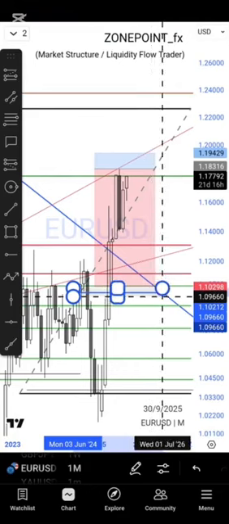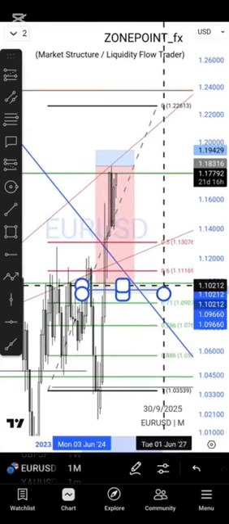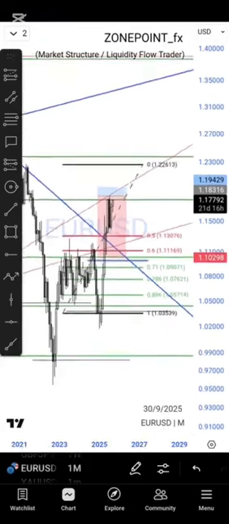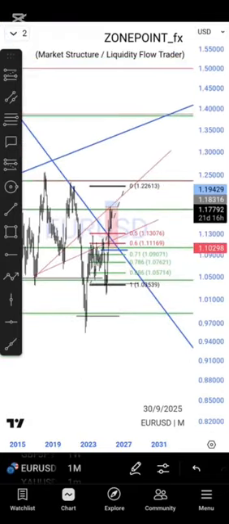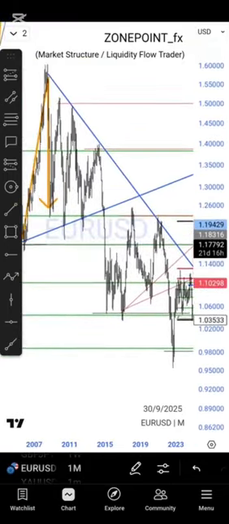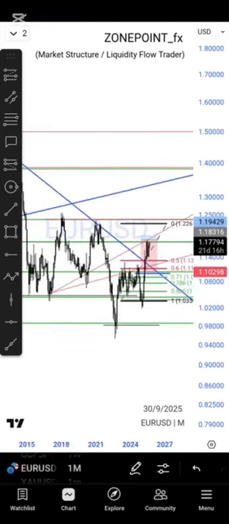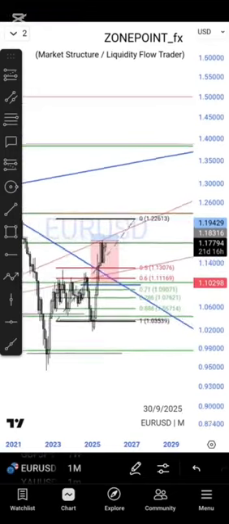This is a strong level. There's a fair value gap. Let's shift it to this place. There's a fair value gap, and there's also an imbalance level there.